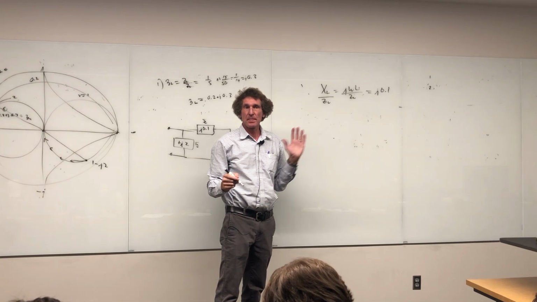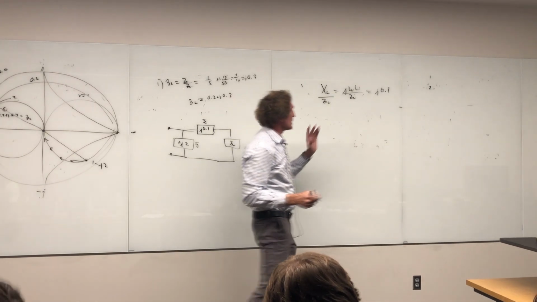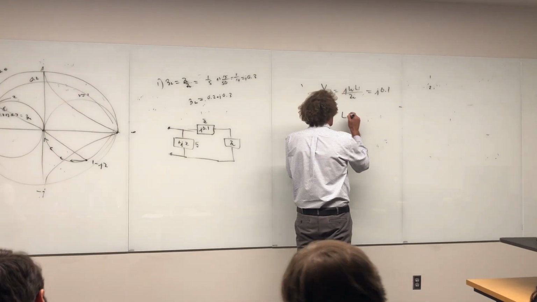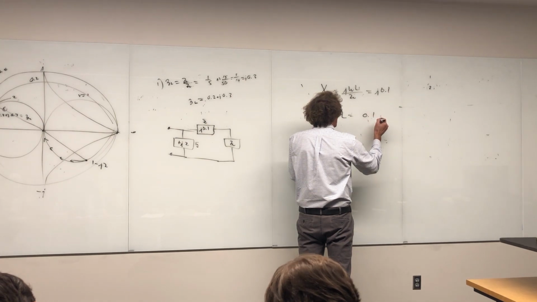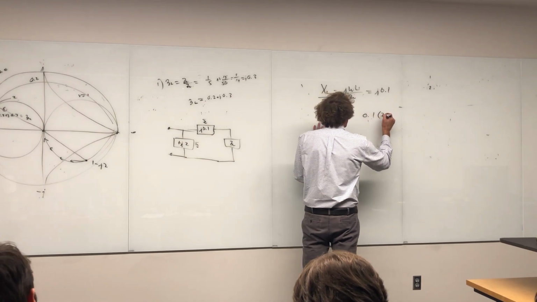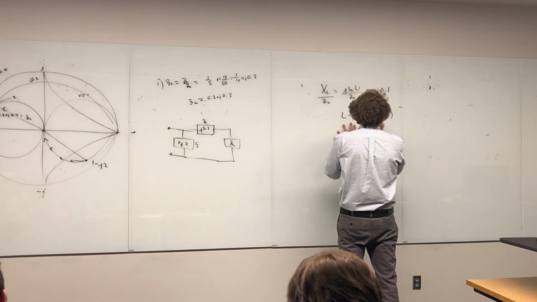This should be clear. I didn't rush anything here. So what is the value of L? It would be 0.1 times Z naught over omega.